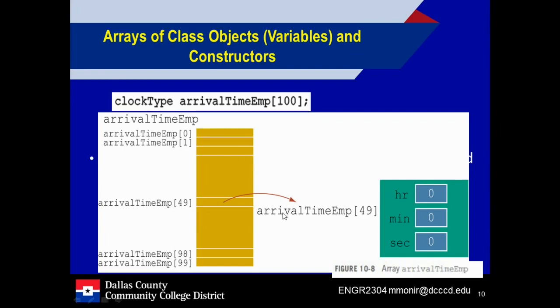We can access the arrival time, which we have declared, noting hour, minute and second for the 49th employee. Similarly, here it will be a recording for employee number 1, and if we have declared 100 elements, we can save 100 of that kind of data.